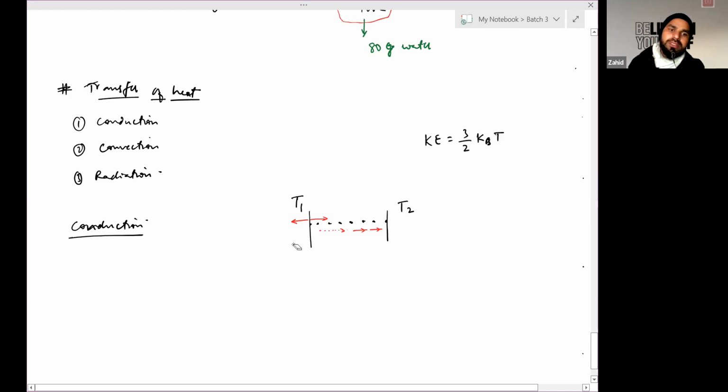On collision, they will interact with the neighboring particle and transfer some of their energy. This process of collision, due to increase in kinetic energy of neighboring particles, will continue till the flow of energy from one end to the other end.